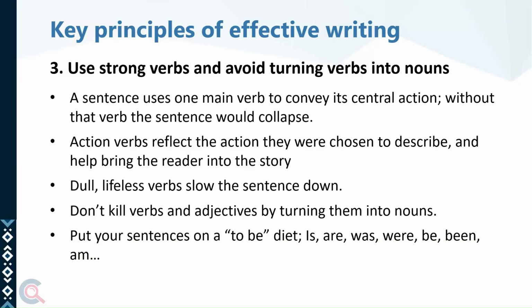That main verb is the verb that reflects the action that is being chosen to describe and to help bring the reader into what we are trying to narrate. The use of dull and lifeless verbs slows down the reading of the person who reads your work. It is important that we don't kill verbs and adjectives by turning them into nouns.